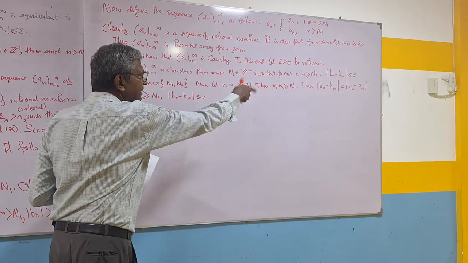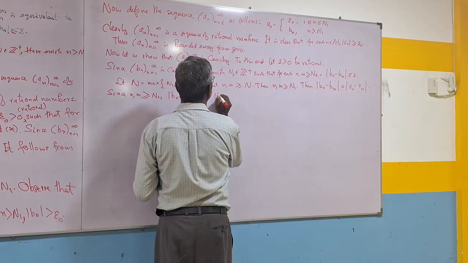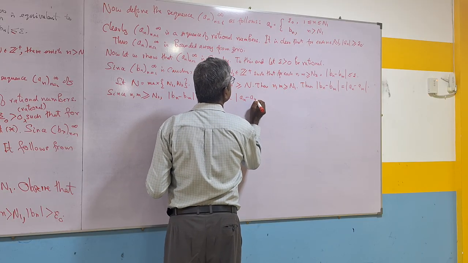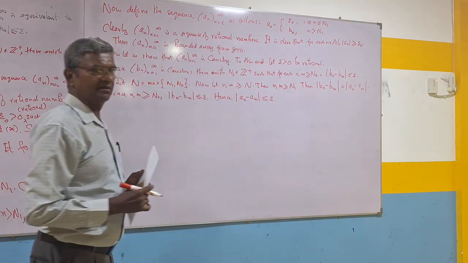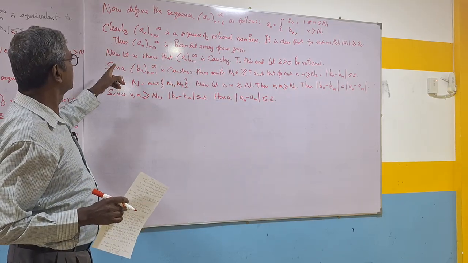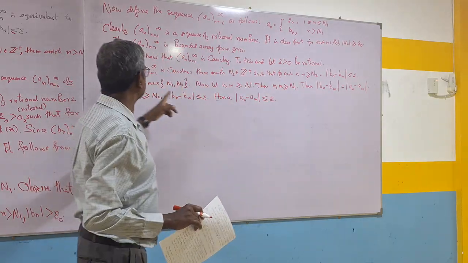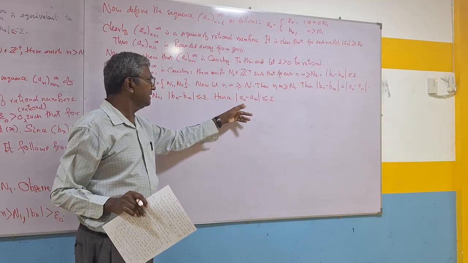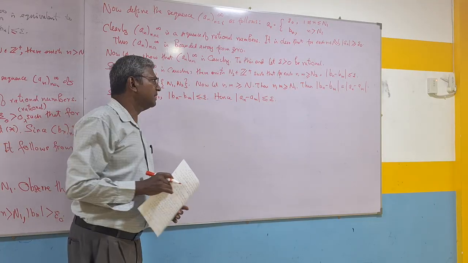However, Bn minus Bm is An minus Am. Hence, |An minus Am| is less than or equal to epsilon. I have shown now that for epsilon greater than 0, I have found a capital N. After capital N, any two terms are at most epsilon apart.